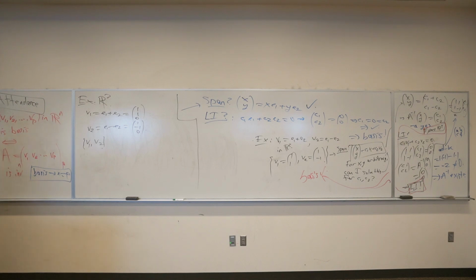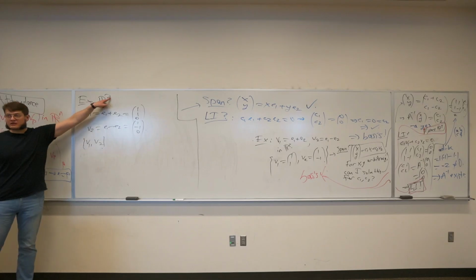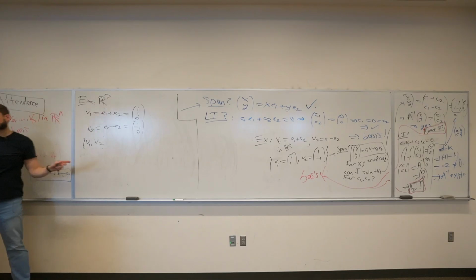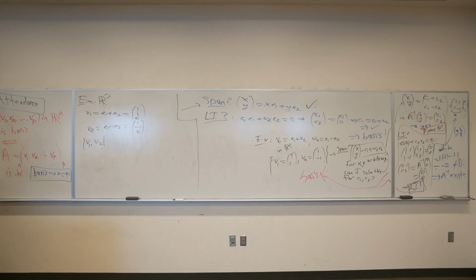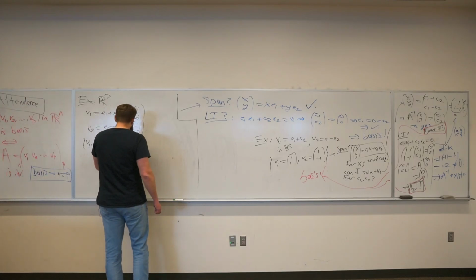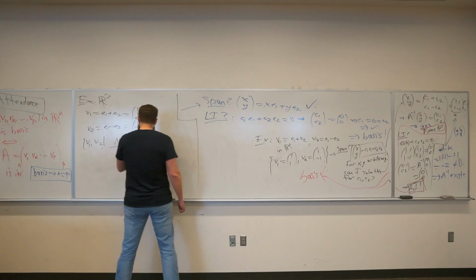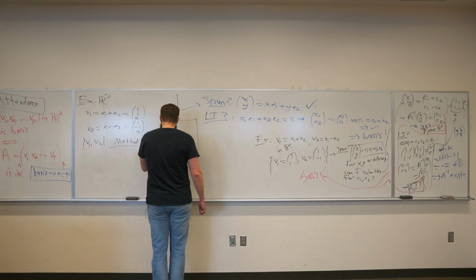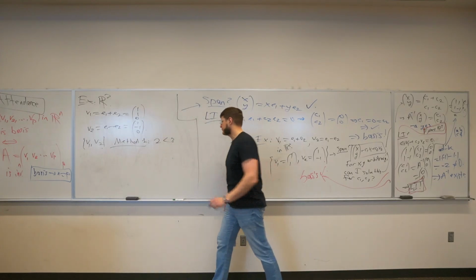Now, based on this observation, we can immediately say no. This is 3. I have 2 of them. This is going to fail to be a basis. You can do this shortcut, or you can go ahead and check linear independence and spanning. Okay? So, method 1, 2 is less than 3, so not a basis.